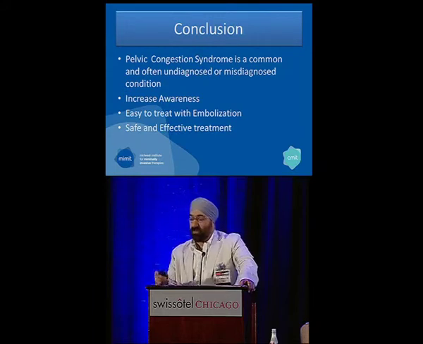The second point is that a lot of the time the women will get better for a period of time, and then their symptoms start to come back, because the internal iliacs have taken over as collaterals, and now you've got a wad of vessels feeding from the internal iliac. So I would say at least half of the patients require embolization, not with coils, but with sclerosant of the internal iliac veins.